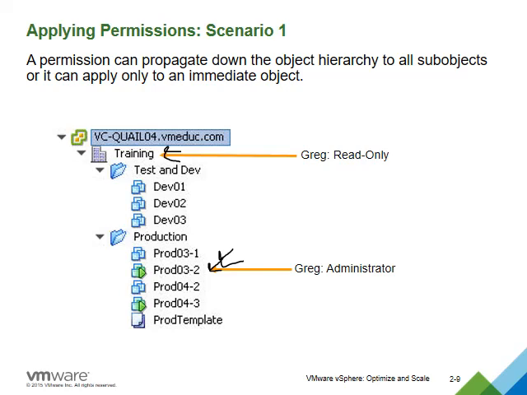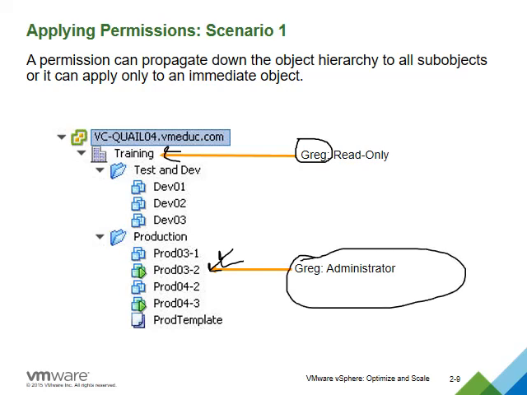The user Greg here is assigned read-only access in the training data center. This role is propagated to all the child objects except one, the prod 03-2 virtual machine, on which Greg is the administrator.